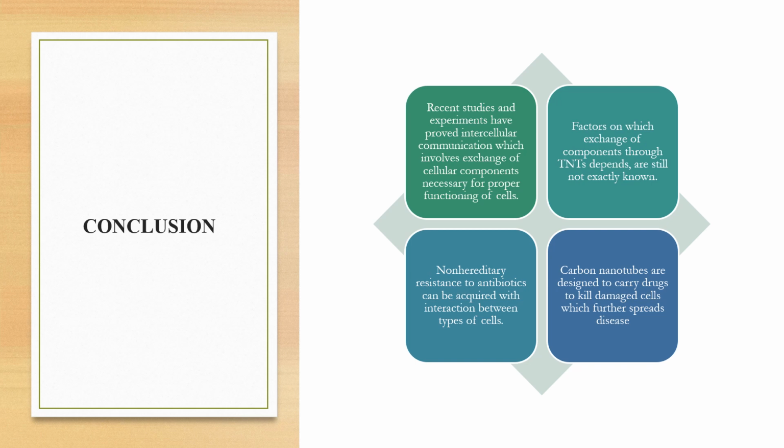We have seen this proof with the experiments performed in the laboratories. Carbon nanotubes are designed to carry drugs which kill the damaged cells and further help in preventing the spread of disease. And most importantly, the factors on which the exchange of components through TNTs depends are still not exactly known.